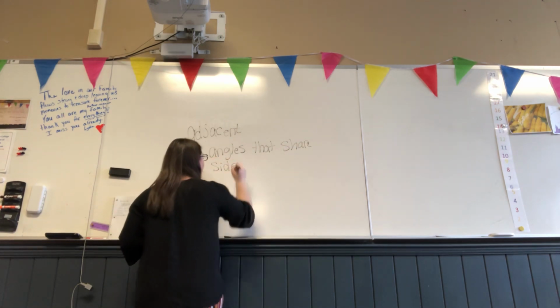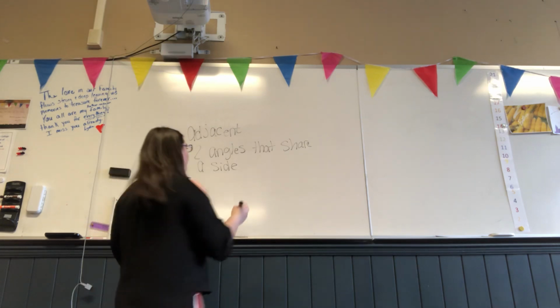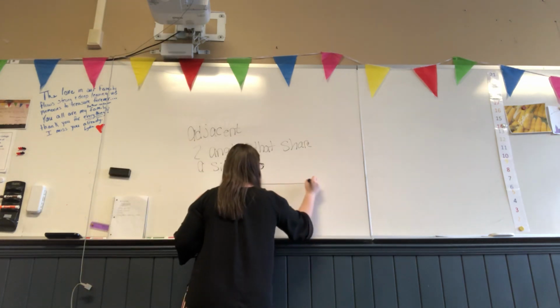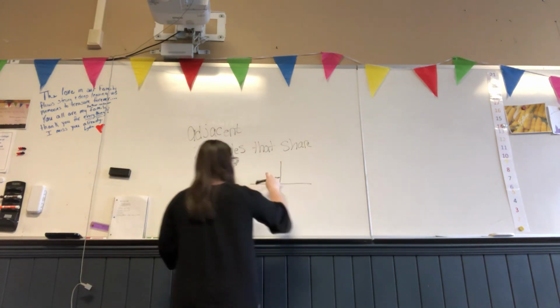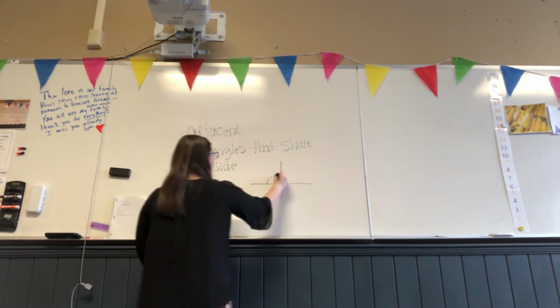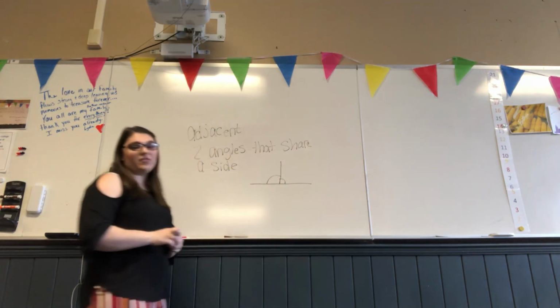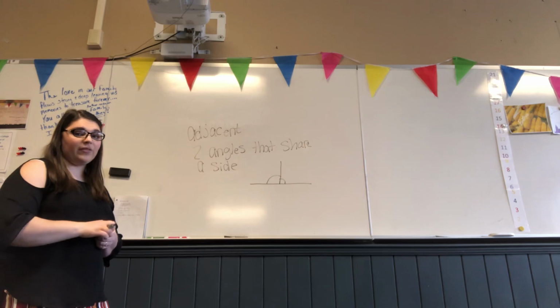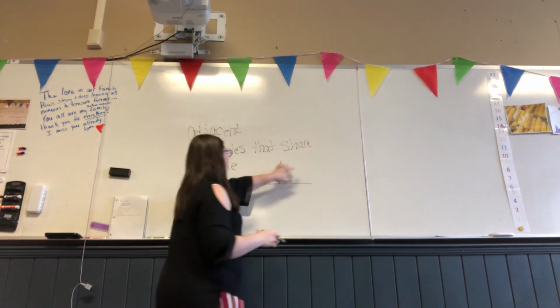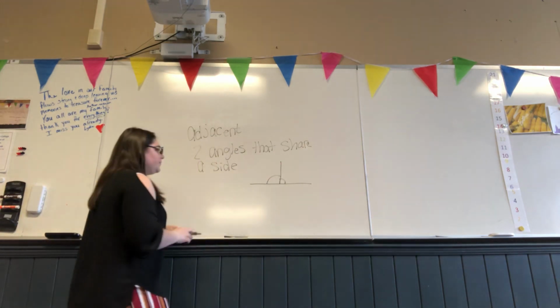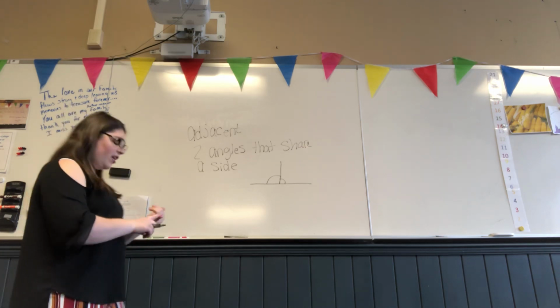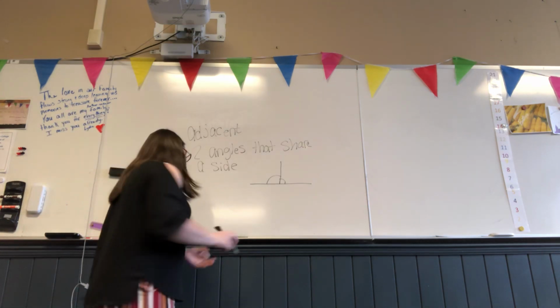So they're pretty much side by side. So if you look at this, these 2 angles are adjacent angles because they're side by side with each other. They're directly side by side. So we've got adjacent, supplementary, and complementary angles.